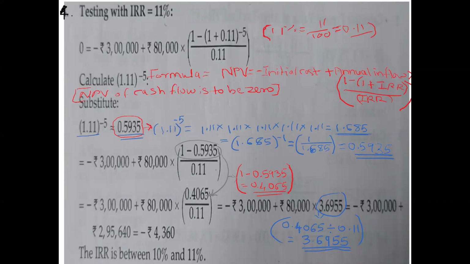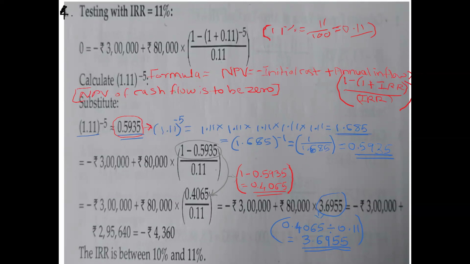Now, bracket 1.685 bracket complete raised to minus 1 is equal to 1 divided by 1.685, and the answer will be 0.5935. So we have got our answer, which is 0.5935. Next, is equal to minus 3 lakhs plus 80,000 into 1 minus 0.5935.